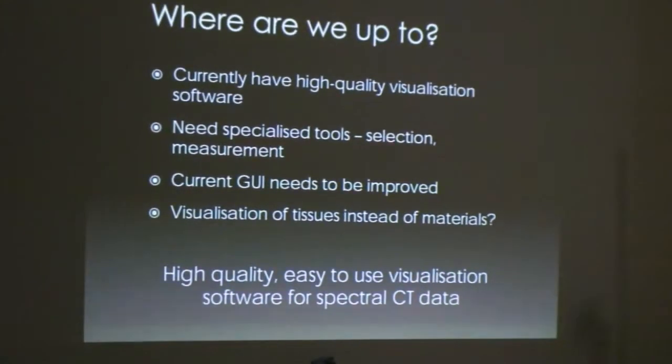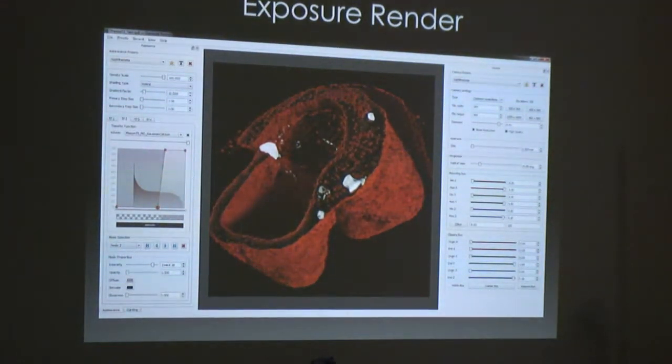Ideally, any kind of software for doctors or biochemists would include tools for selection and measurement. If I give you an example, biochemists might be looking at how much calcium is inside of this little volume of space, and the software should be able to tell us that. So these are the kinds of things which I'll be working on in the future.